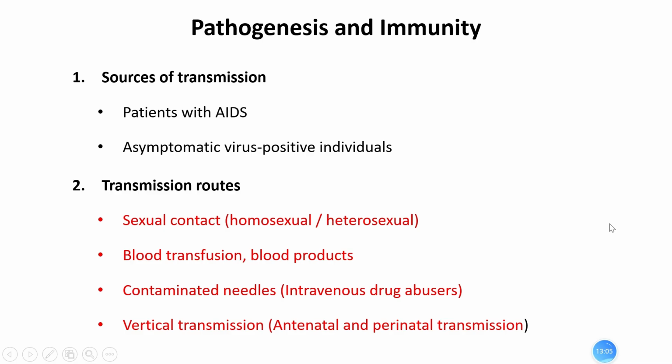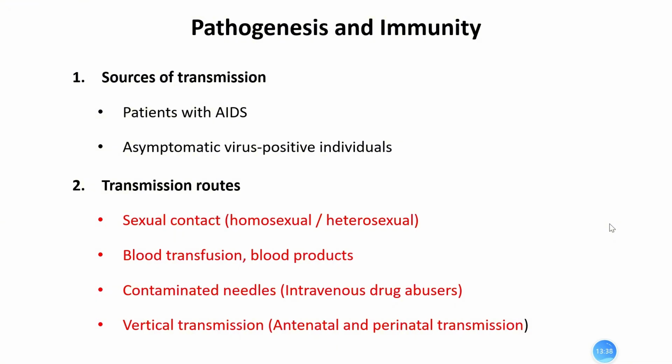We'll introduce a little bit about the pathogenesis and the immunity. The source of transmission, HIV: even though now we know HIV originated from some primate animal in Africa, right now it's just a human pathogen, and it does not infect other types of animals.